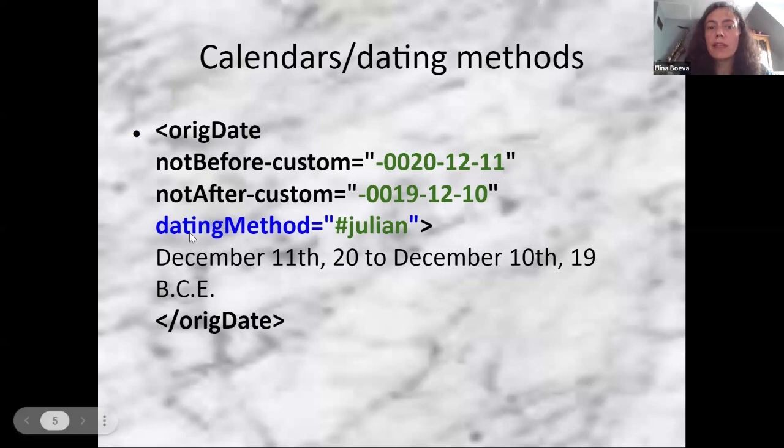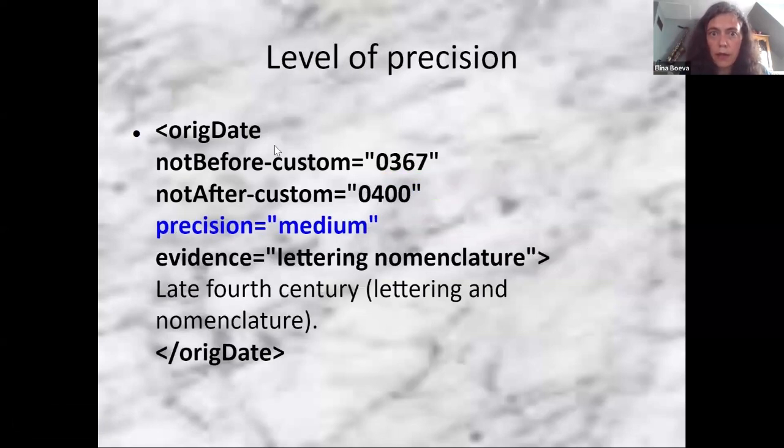You may have different dating methods, and in that case, you have to state them. These are complex cases, but you probably have to consult the epidocs.org guidelines, in case you are wondering how to describe a more peculiar date.